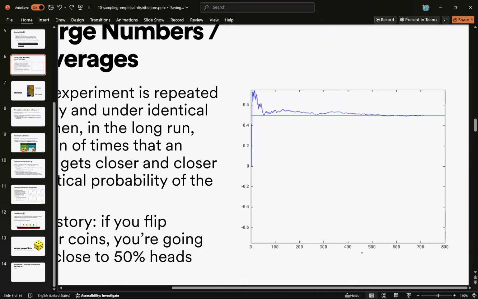And then eventually, sometimes you've flipped a few more heads than tails, so it's jumping up to like 0.6, 0.7. And then as you're flipping closer and closer to 1,000, that average, the ratio of times that we've seen heads versus tails, is approaching 0.5. Isn't that cool? And so that's what we get to bank on when we use randomness.